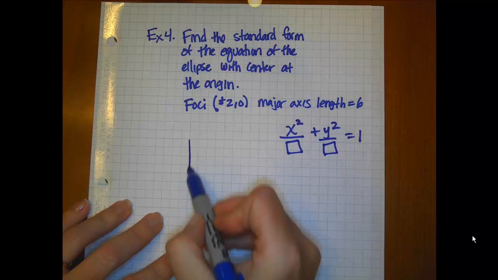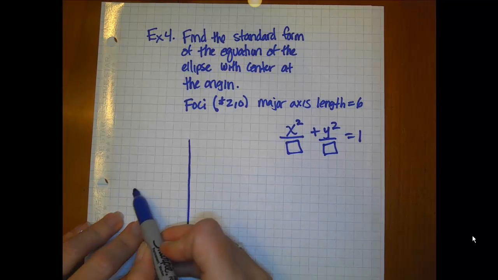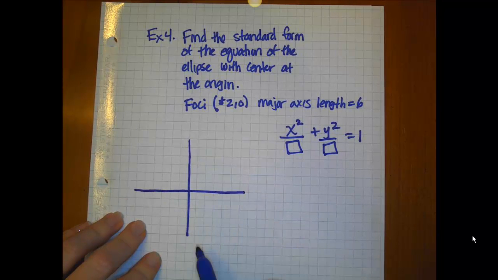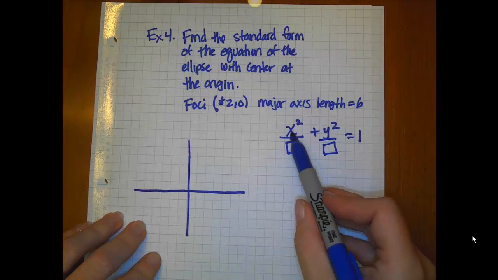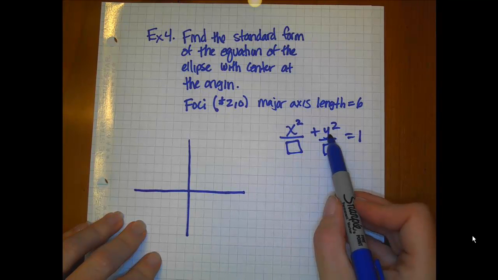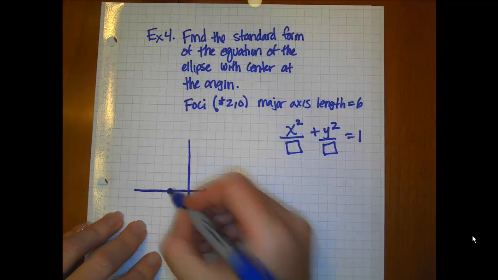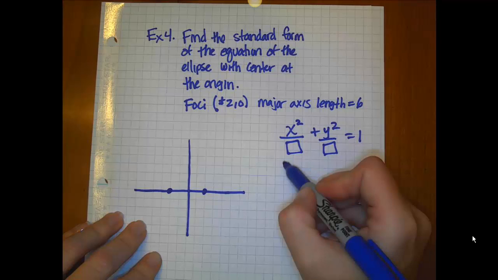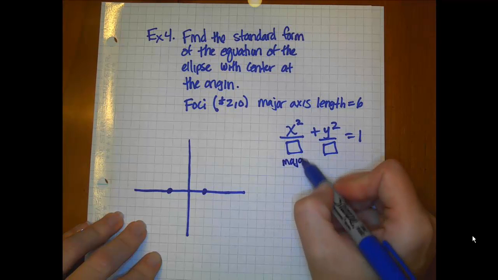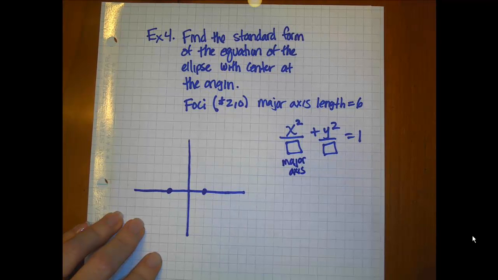So for those of you that need to picture what's going on, this is how I started the problem. I first of all need to determine, is my major axis horizontal or is my major axis vertical? Well, if my foci are located at 2, 0 and negative 2, 0, then this tells me that my major axis is horizontal and the bigger number needs to go under x squared.